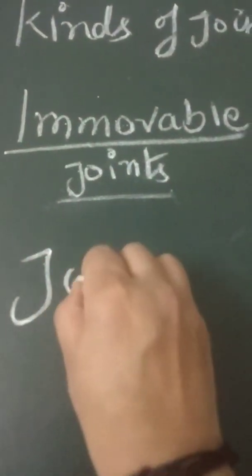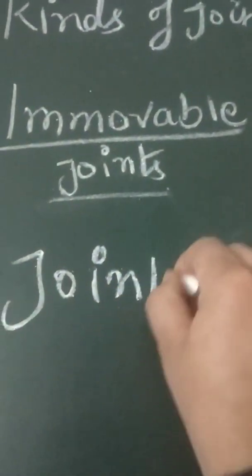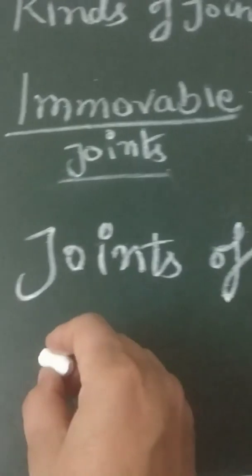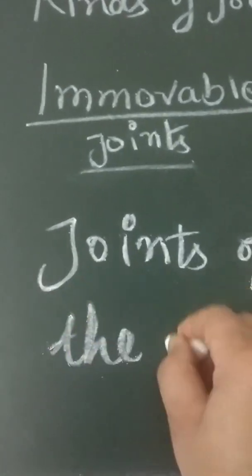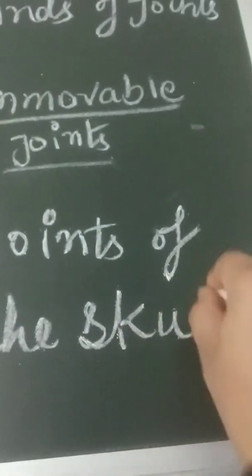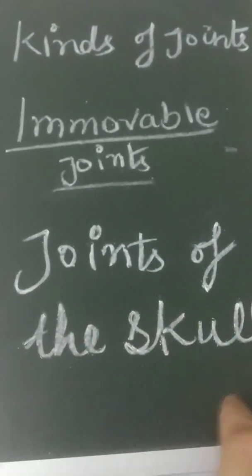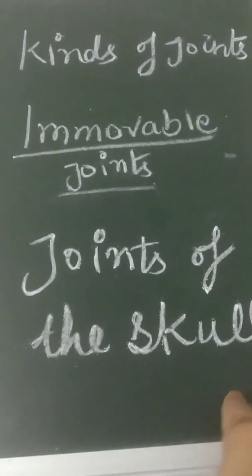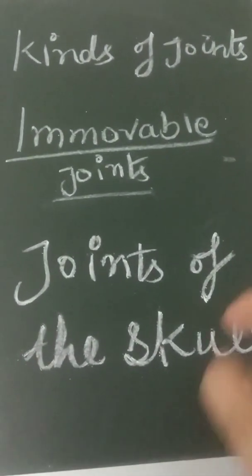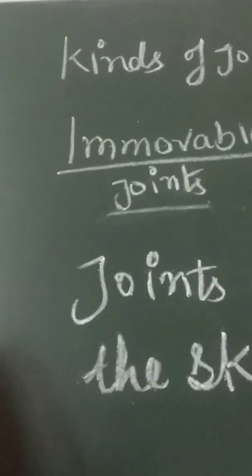Example: joints of the skull. These joints are immovable joints.